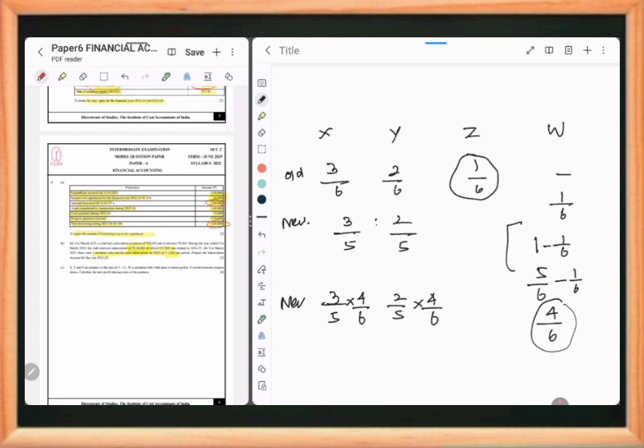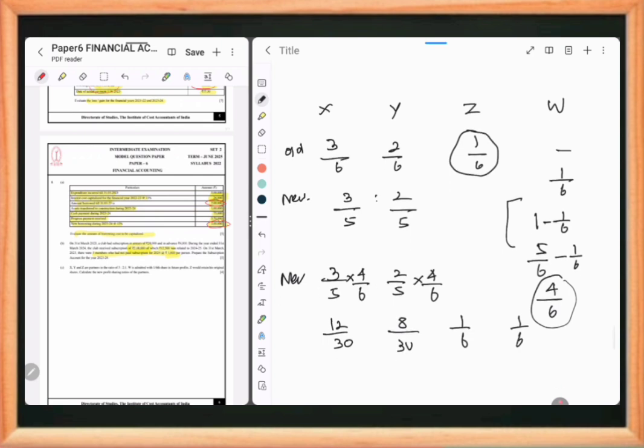So what will be the shares of X and Y? That is 3 into 4, 12, so 12/30. Here 2 into 4, 8, and 5 into 6, 30. So 12/30, 8/30, here 1/6, here also 1/6, for Z 1/6 and for W 1/6.